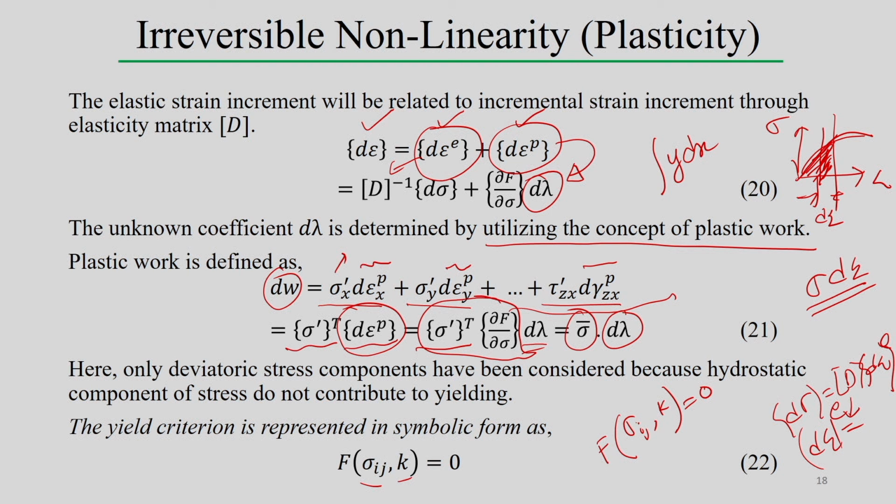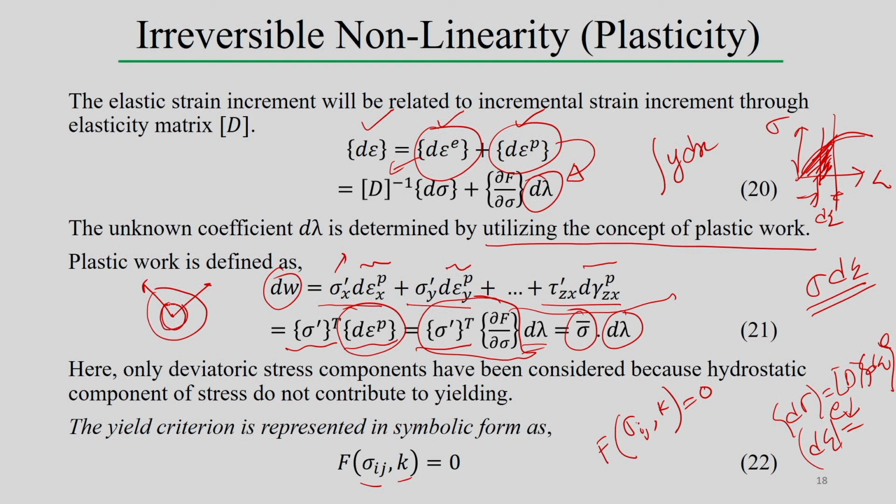In terms of k and the state of stress, that is the functional form of a yield surface. If you look into different hardening rules, isotropic hardening or kinematic hardening, if we apply all these, there is an evolution of the yield surface.